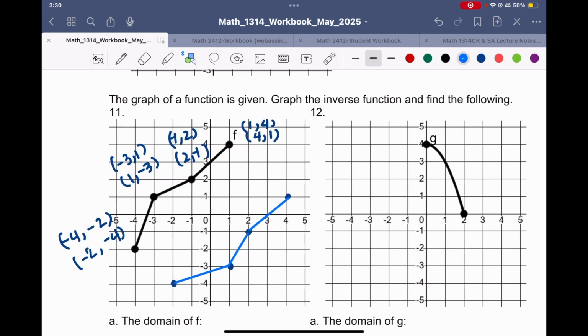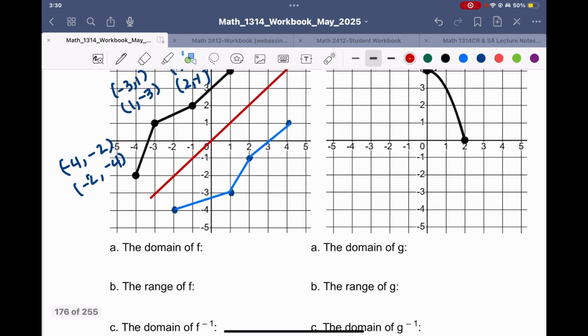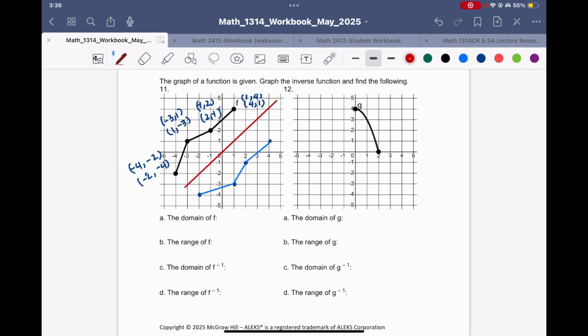And as you see, they do mirror each other across the line of symmetry. Again, the line of symmetry is y equals x. All right, so let's do the domain. It has to be in interval notation. The domain of f is negative 4 to 1. The range is negative 2 to 4.